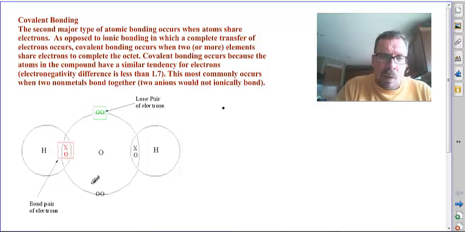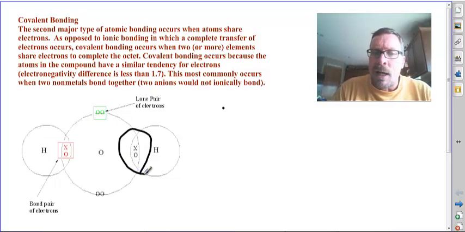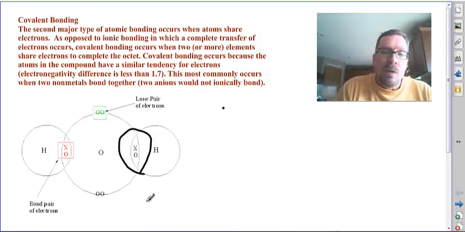In covalent bonding, what you get is not ion formation, but a sharing of electrons in the valence shell that will allow each atom or element to get to its stable point.